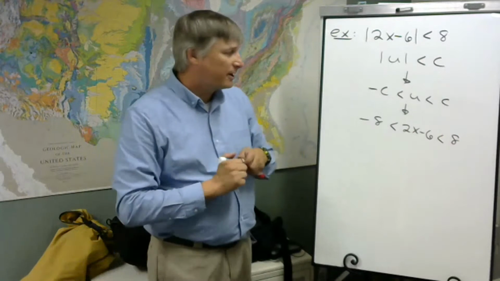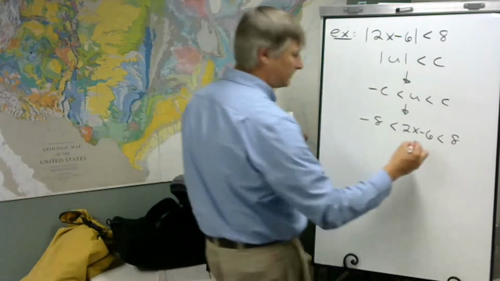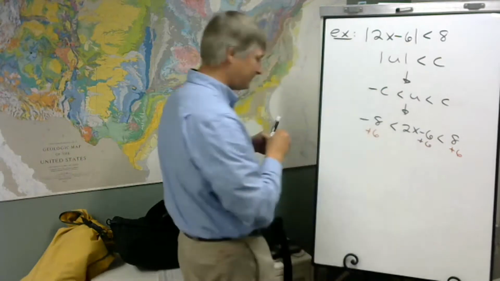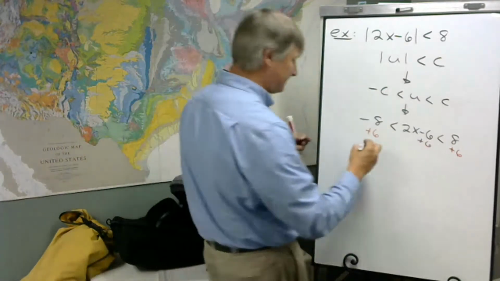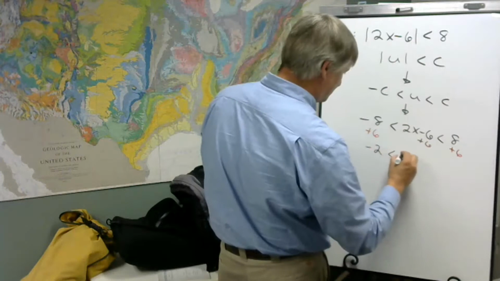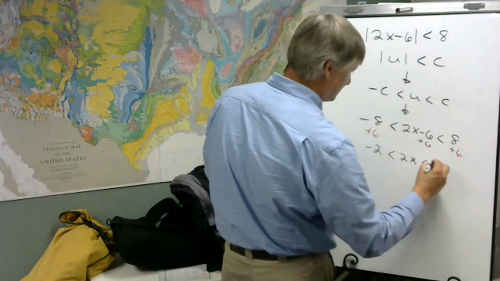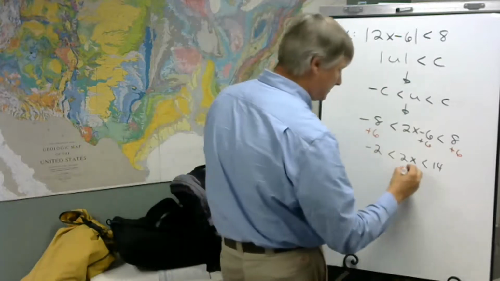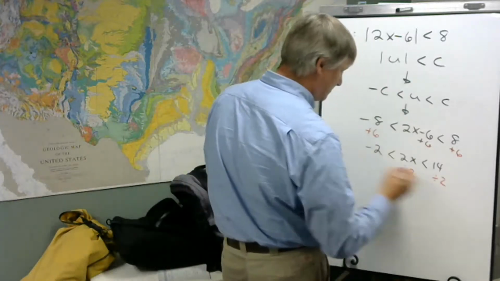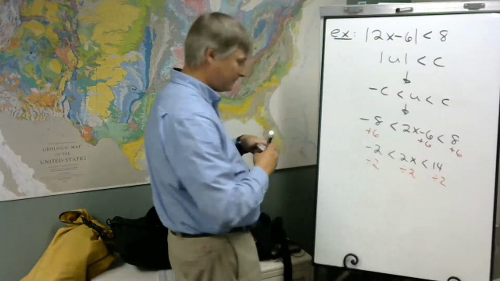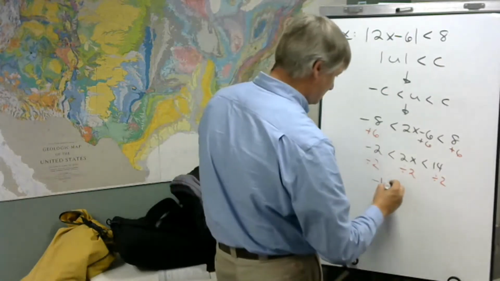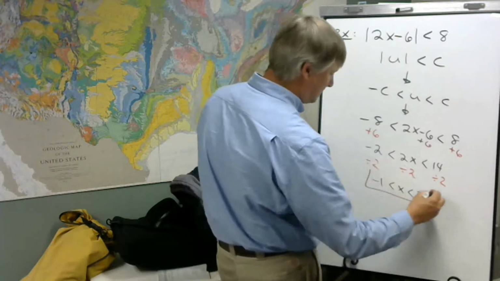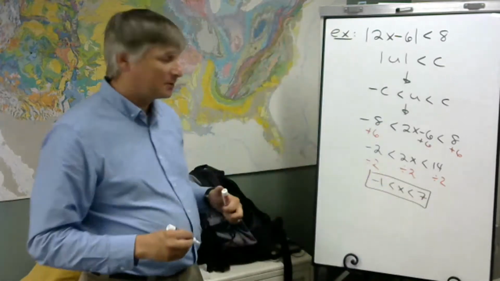And then again, we solve for x like we did before with a compound inequality. So add 6 everywhere. Divide everywhere by positive 2. That is going to be your answer.